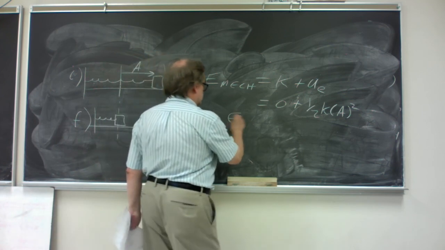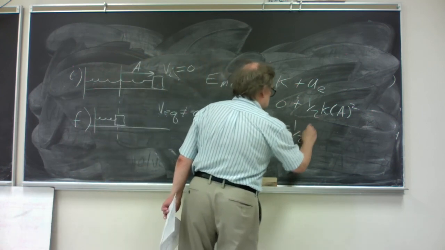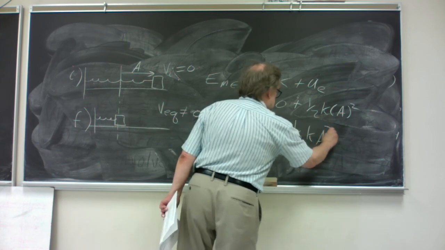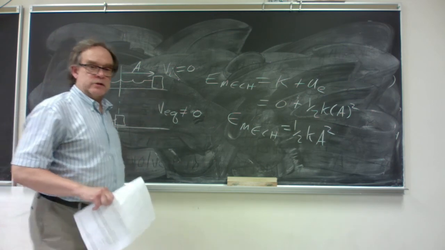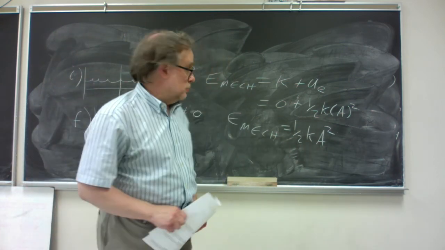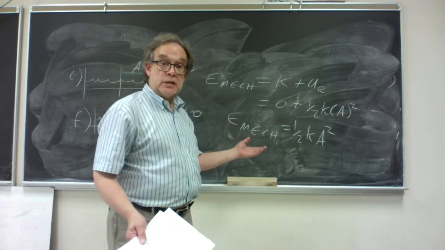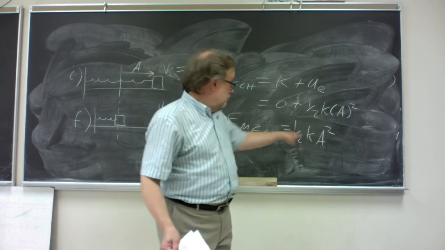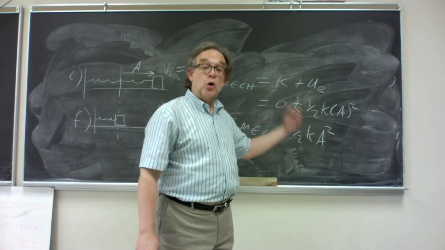So that's what the mechanical energy looks like at this moment. This is the numerical value of mechanical energy at this moment, but mechanical energy stays constant. So this is the numerical value of mechanical energy always.